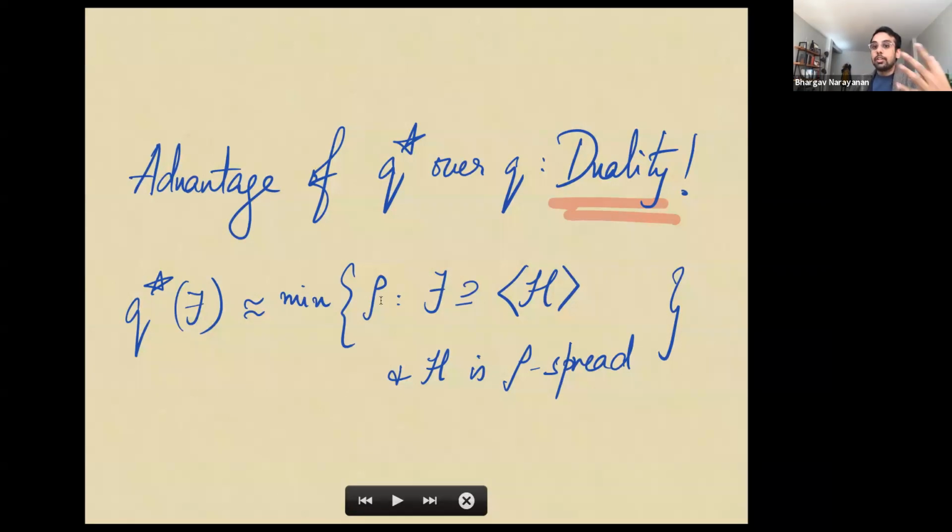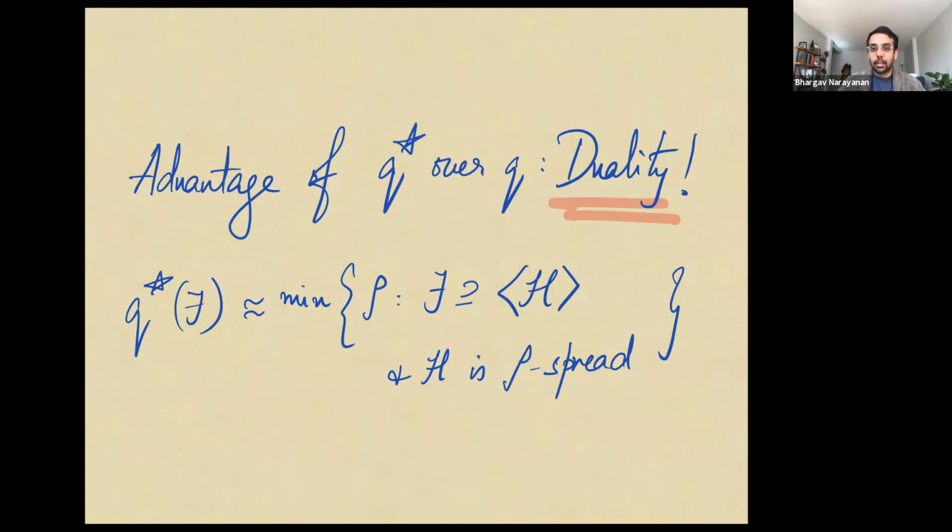It's the smallest value. Remember that the fractional expectation threshold as defined was the largest value of P for which something happened. So unsurprisingly, the dual formulation is going to be the smallest value of rho for which F contains the upset over a rho spread hypergraph H. I haven't told you what these things are.